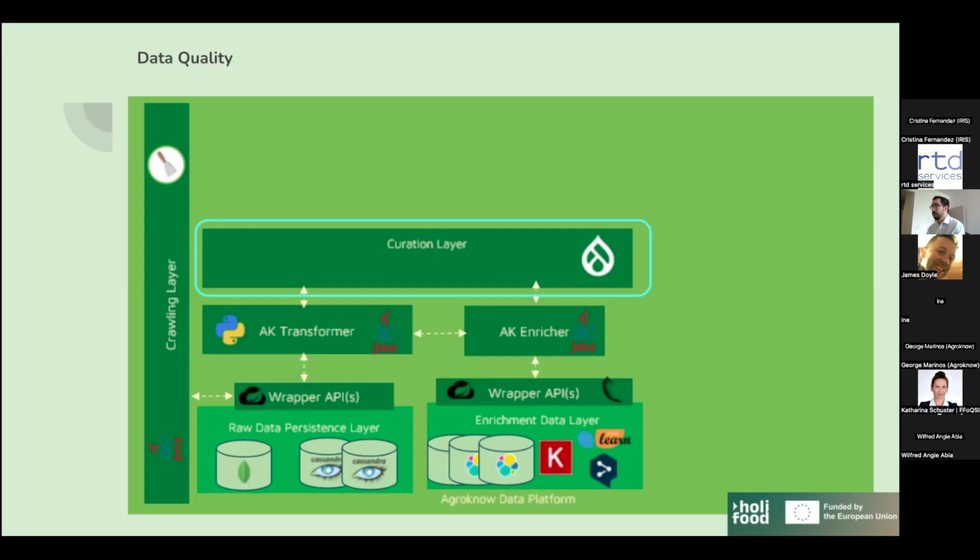So in the curation layer, we have some food experts that validate that our automated processes went well and returned the desired entities from all the texts. So this is an extra validation layer, the curation layer.